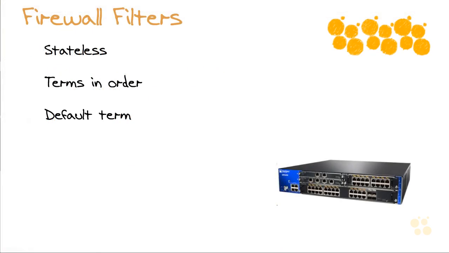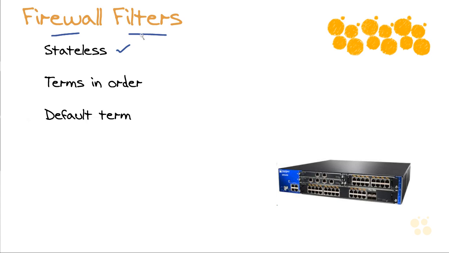Now, if you're new to routing policy on the Juniper devices, and specifically that routing policy syntax, great news, we're going to review it right now because we use the same syntax, the same type structure for our firewall filters. Great stuff. The firewall filter is going to be stateless on the Juniper device.